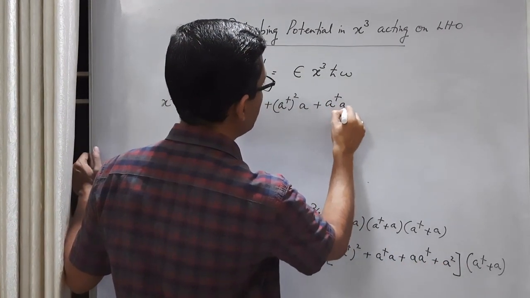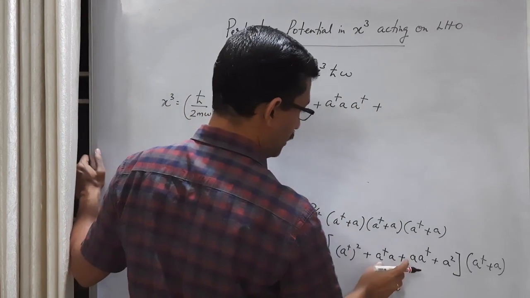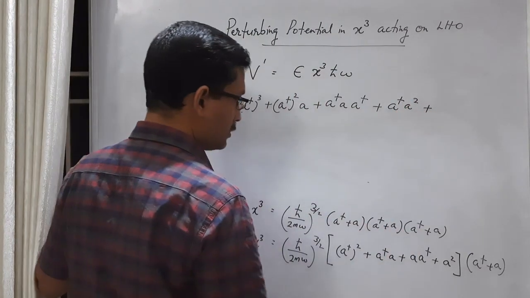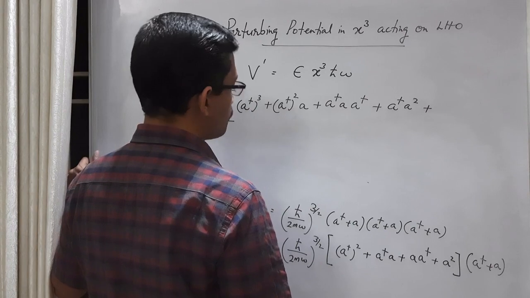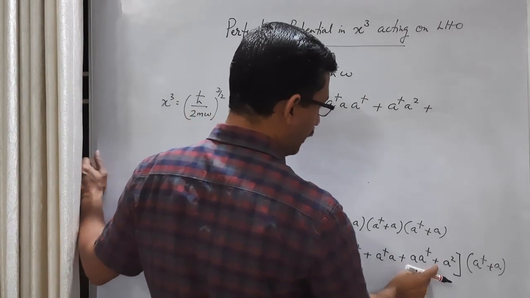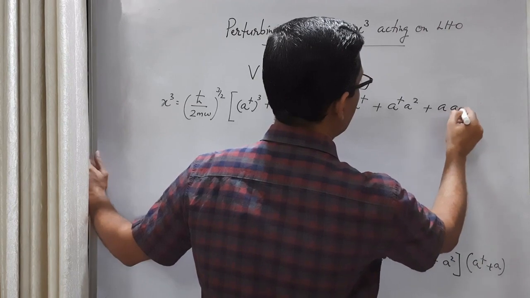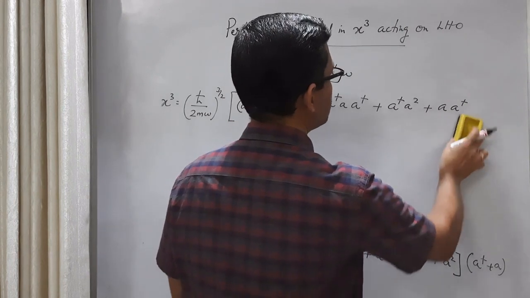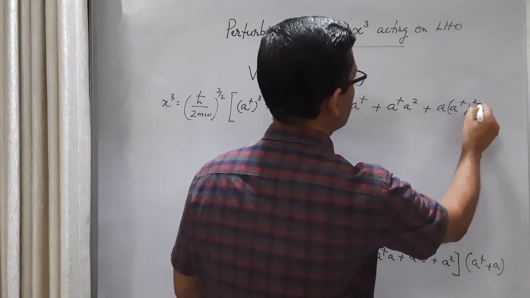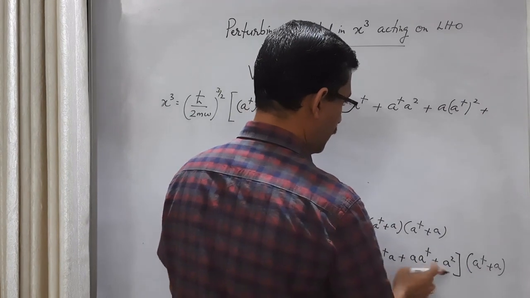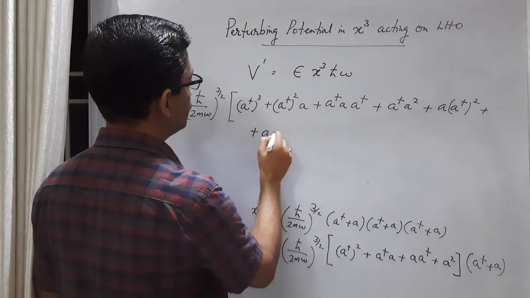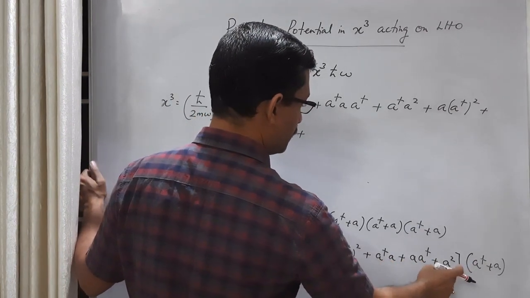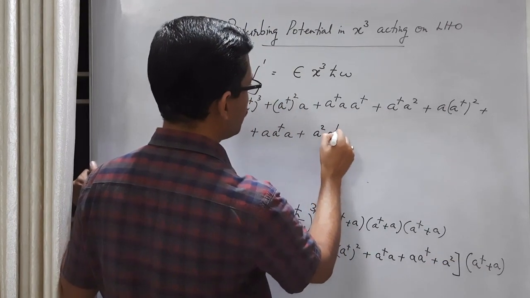So a dagger a dagger plus a dagger a, we can write it as a dagger a square plus a dagger, maybe you can write this as a dagger square plus a dagger a, plus then this one a square a dagger, plus a cube.